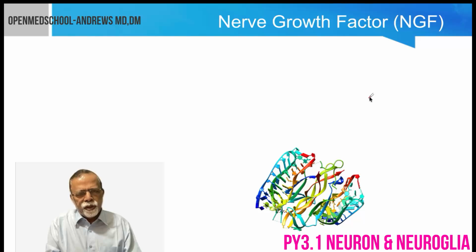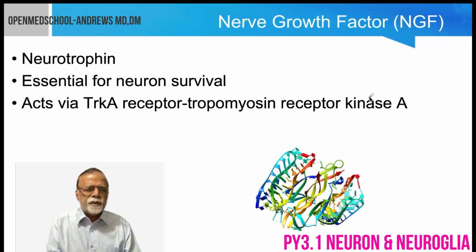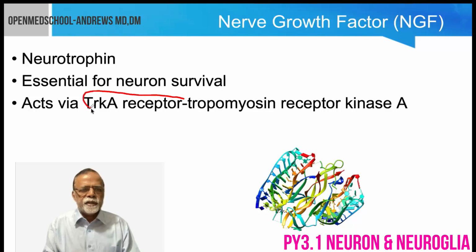Now we go to the nerve growth factors, NGF. One of them is neurotrophin. It is essential for survival. It acts via the tropomyosin receptor kinase A, short form called TRKA receptor.